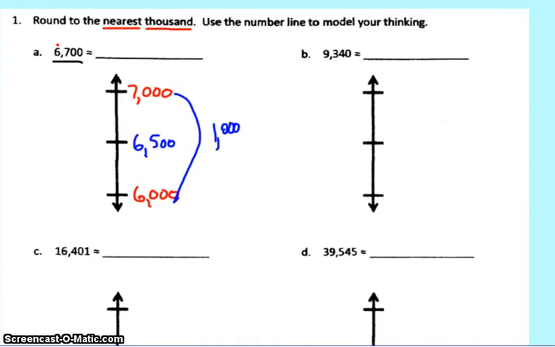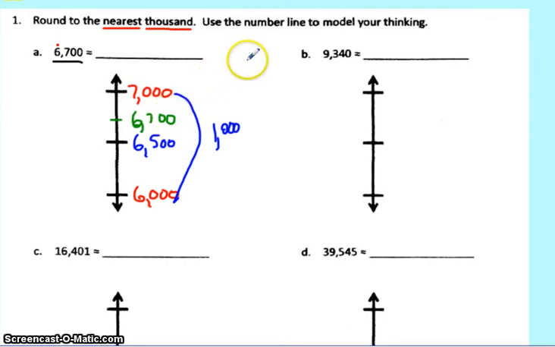Now that we've done that, we can place our number 6,700 based on this. So we know that 6,700 is a couple of hundred more than 6,500. So 6,700 would be somewhere right about there.